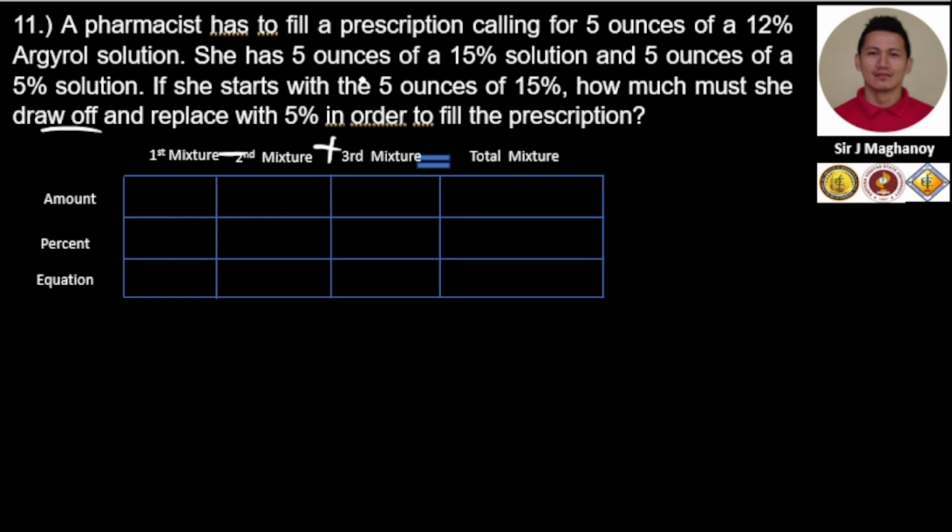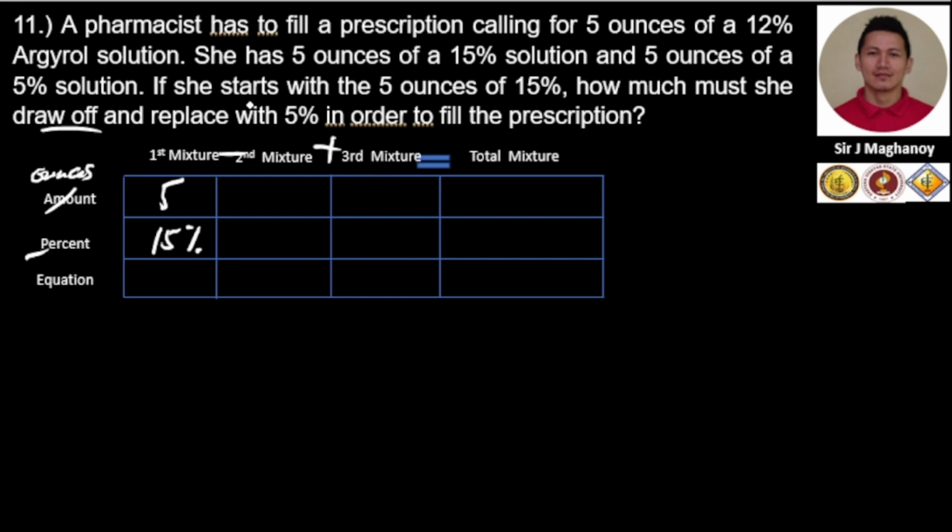Okay, so let's formulate our equation based on the given parameters. The pharmacist starts with 5 ounces at 15%.